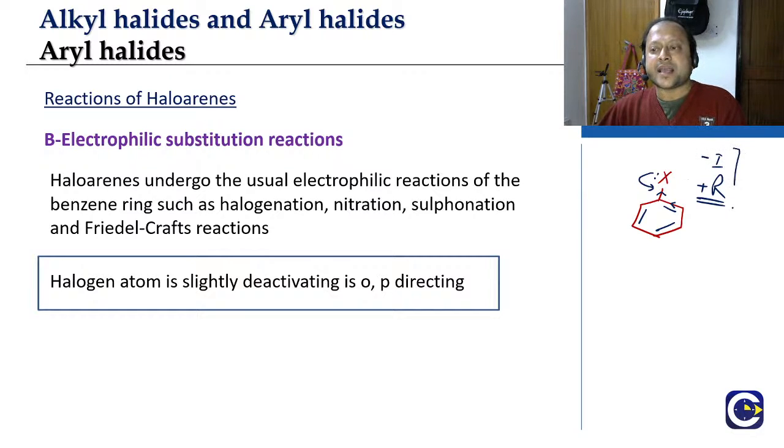So minus I effect and plus R effect are in opposite directions. They are not going to make it very easy for the whole system to undergo electrophilic substitution reactions, right?